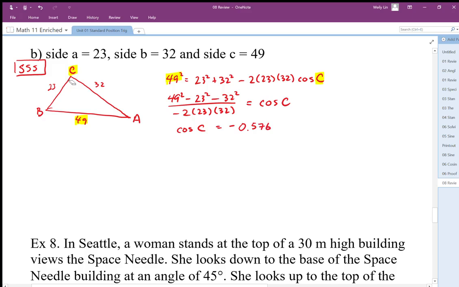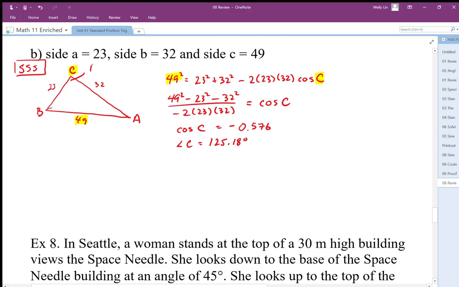So it looks like this angle is obtuse. Since the cosine is negative, I'm going to undo that cosine, and I end up with 125. So angle C is equal to 125.18 degrees when I round it.